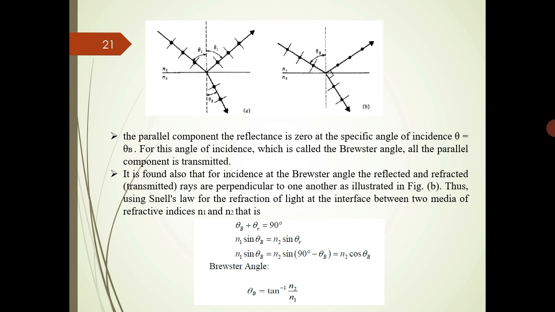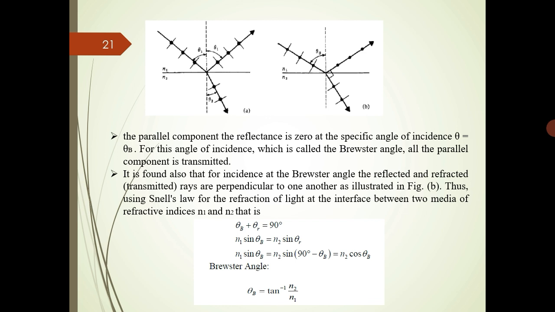So we write the equation as n1 sine theta b equals n2 sine theta r. Rearranging, the angle of refraction is 90 degrees minus theta b. After substituting that, I get n2 equals n1 cos theta b, which gives n2 by n1 equal to sin theta b by cos theta b.